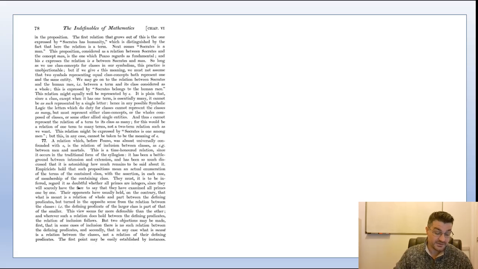This might be met by saying that, though the relation of the defining predicate is not one of whole and part, it is one more or less analogous to implication, and is always what is really meant by propositions of inclusion. Such a view represents, I think, what is said by the better advocates of intension, and I am not concerned to deny that a relation of the kind in question does always subsist between defining predicates of classes, one of which is contained in the other.